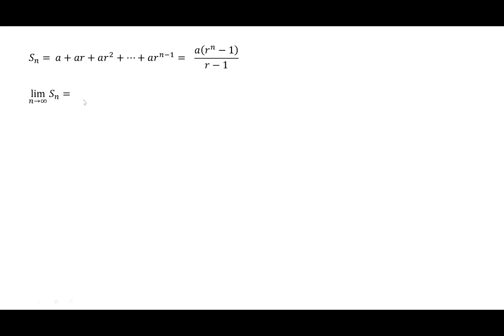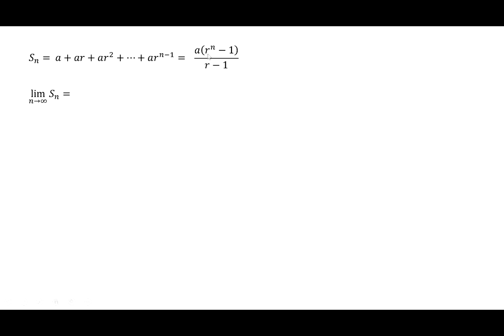So when we take the limit of this, all we're talking about is taking a over r minus 1 times the limit of r to the n minus 1. What is the limit of r to the n as n approaches infinity? In the sequences section, we learned that it depends on what r itself is.